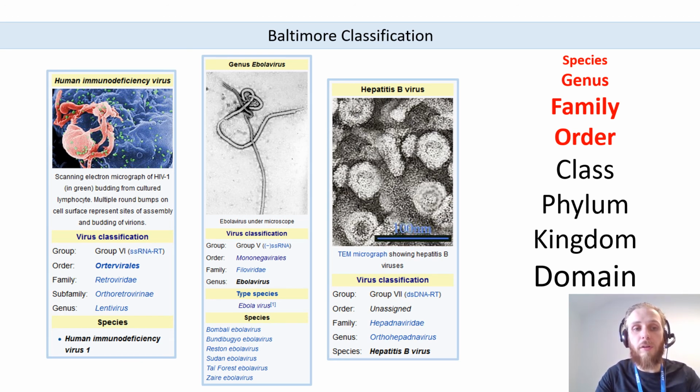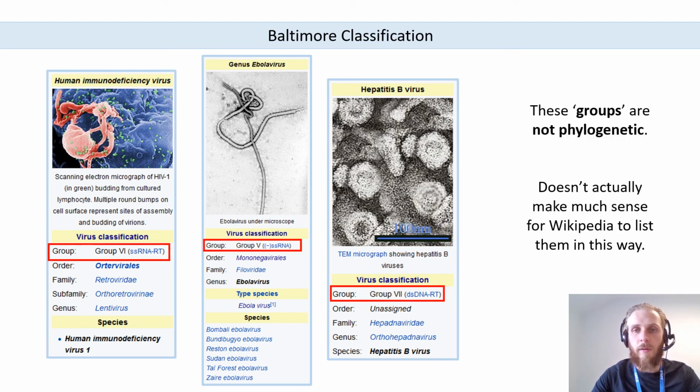Up to order, we're talking about phylogenetic classification. Then for group, we're talking about something else. We're talking about the Baltimore classification system. Again, slightly confusing how it's laid out on Wikipedia, but that's just the way it is. Okay, again, these groups are not phylogenetic. These groups are based upon the Baltimore classification system, and that's what we're going to introduce now in the final portion of the lecture.